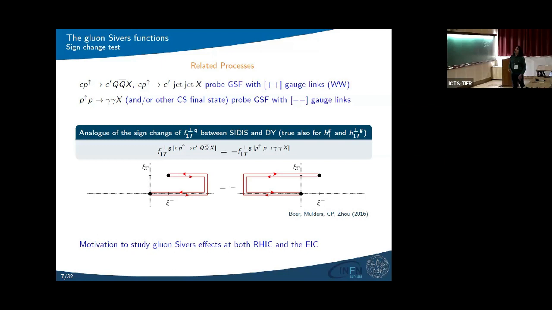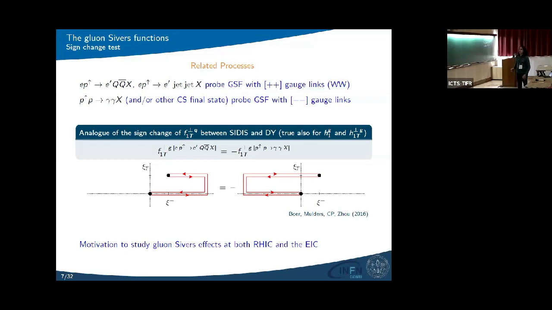But if I look at the Sivers function, which is T-odd, then the relation between the two comes with a minus sign. So there is a test of sign change of this gluon Sivers distribution, which is analogous to the one relating the quark Sivers distribution between SIDIS and Drell-Yan. In this case, we have to look at these two different processes. So Drell-Yan is gamma-gamma, and instead of SIDIS, I have these other two processes.